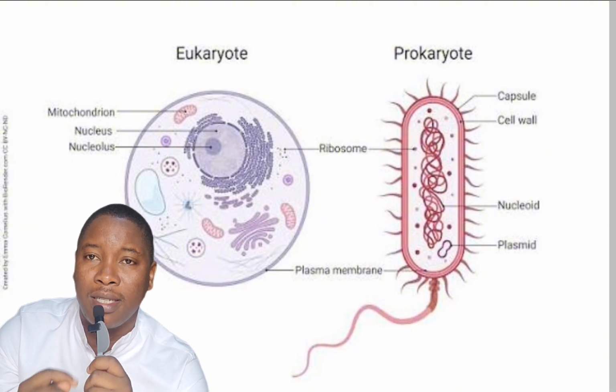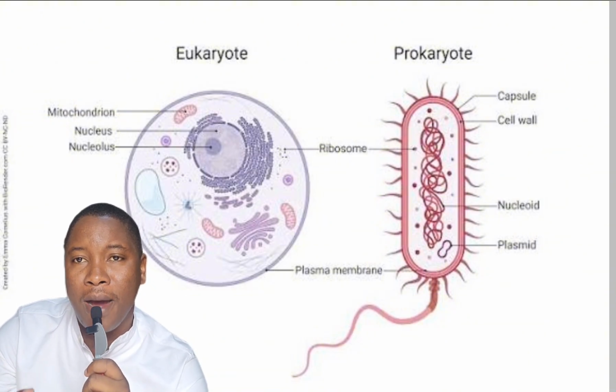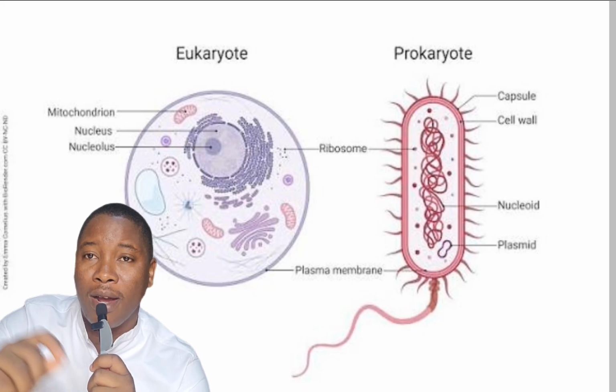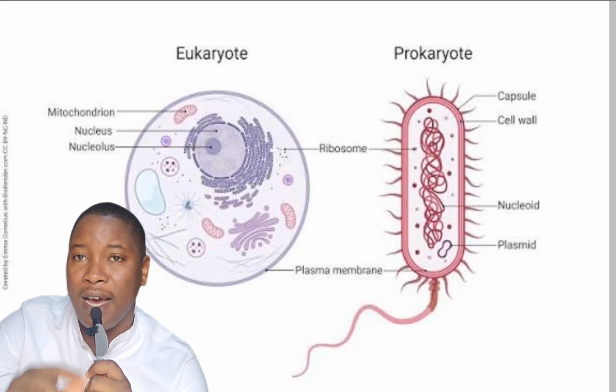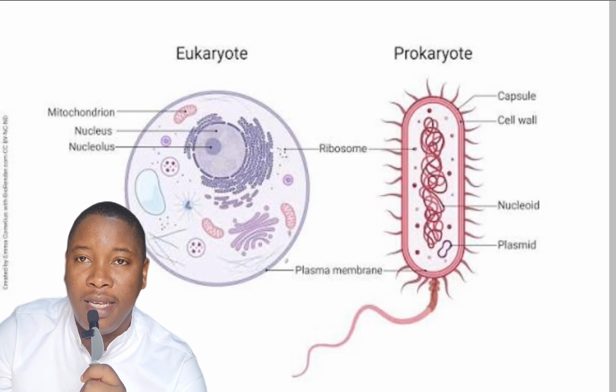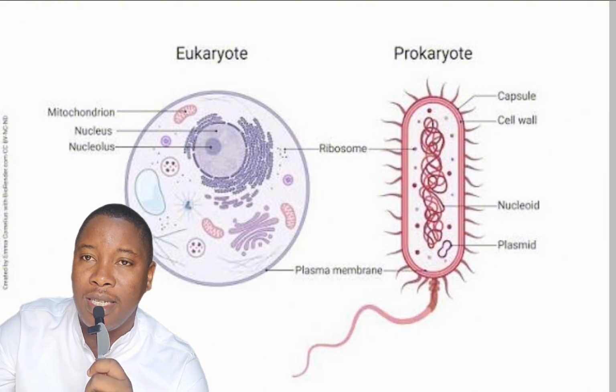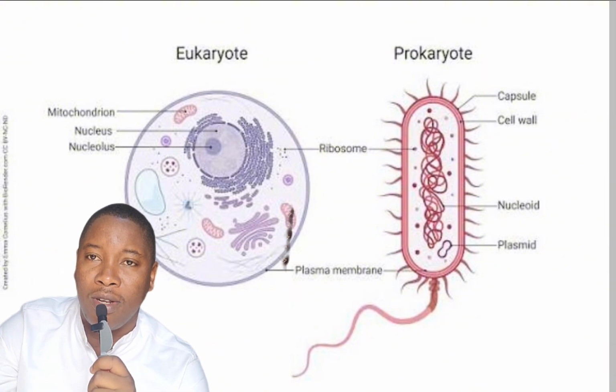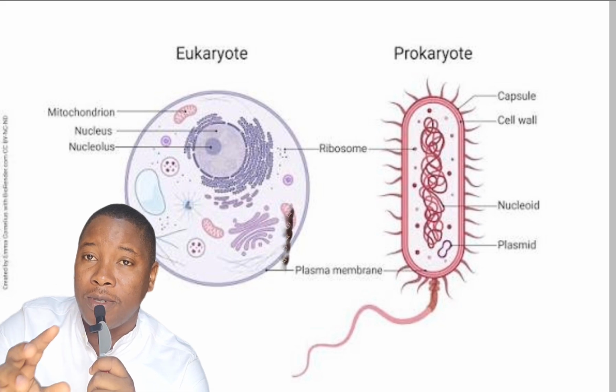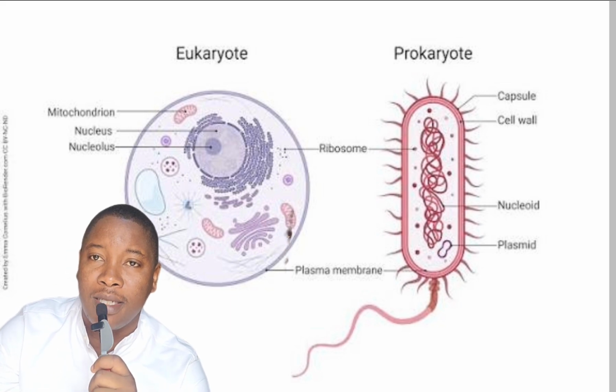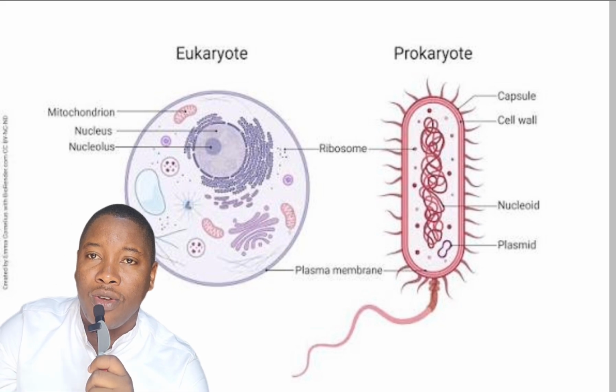So the eukaryotic cells have what you call membrane bound organelles. So their organelles are bound by membranes. They have membranes all around these organelles, and you now see it in the structure and function of these cells. They have the chloroplast, and the types of eukaryotic cells are your plant cells, your animal cells, your fungi.